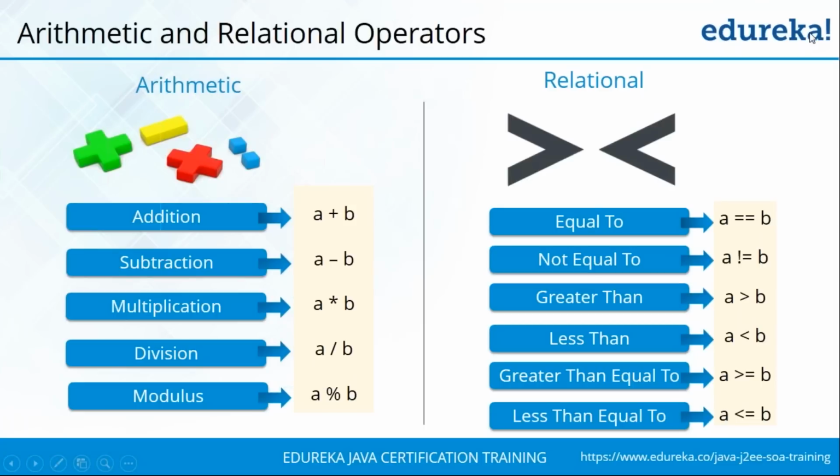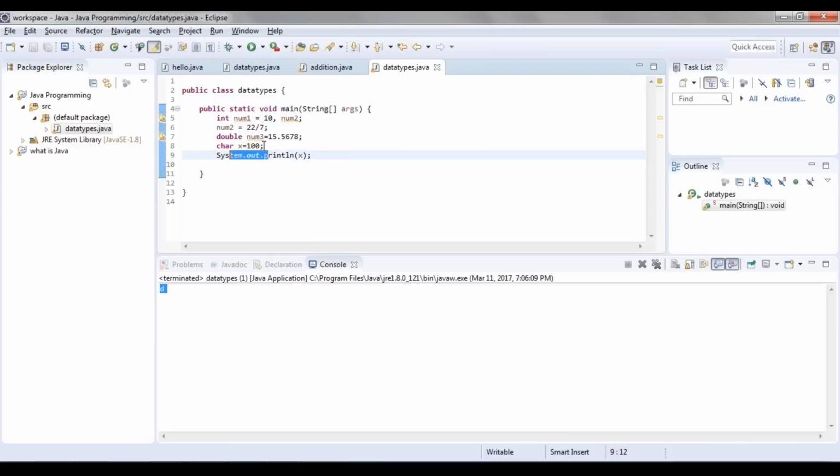Now I'll show you this example. Let's come back to our Eclipse. Let me just remove this and clear all this. Now my num2 is equal to 5. I'll declare 2 more variables, num3 and num4.